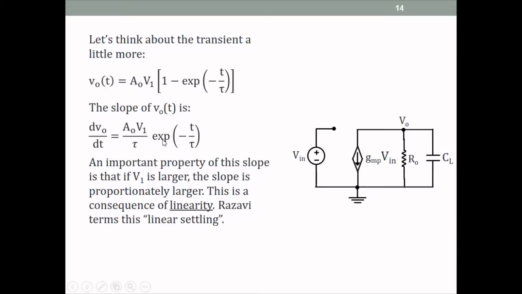It's a slightly tricky statement, but please recognize it. Linearity refers to currents and voltages varying linearly with other currents and voltages in the circuit. With respect to time, in linear circuits, variations are exponential.